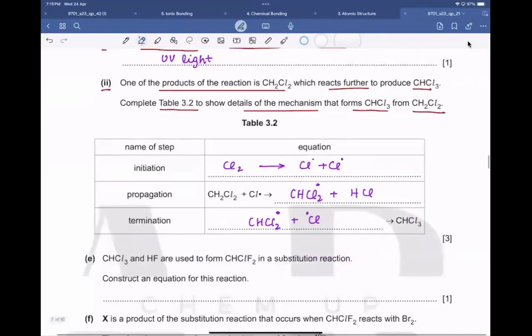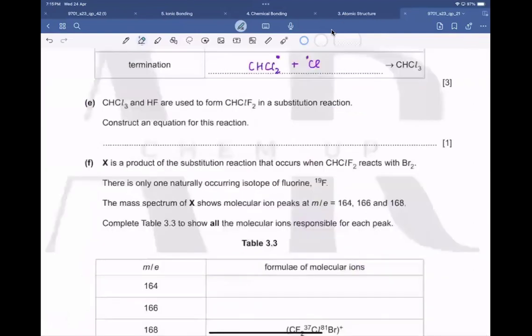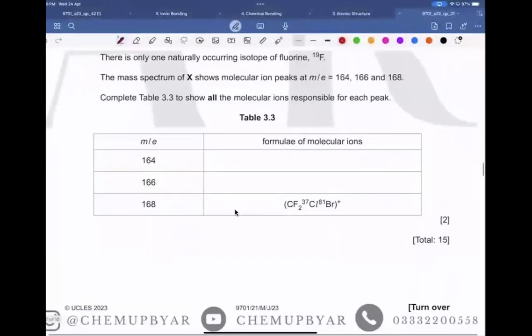In part E, my screen is stuck. Let me share it again. Yes. Okay.